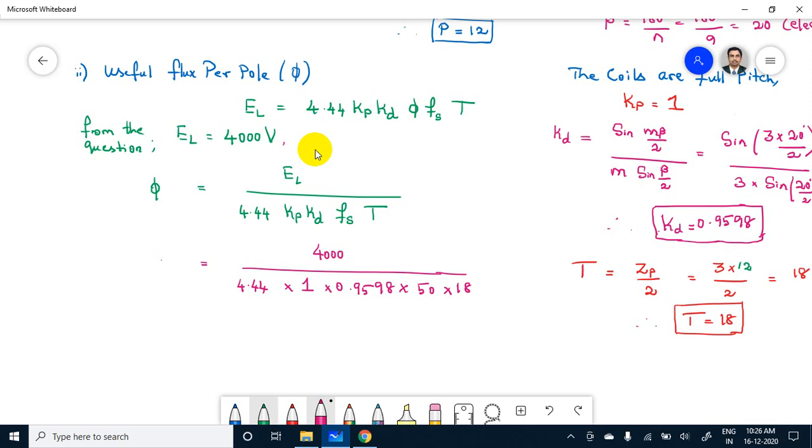Here in the formula itself, you see, this EMF generated should be the EMF per phase.